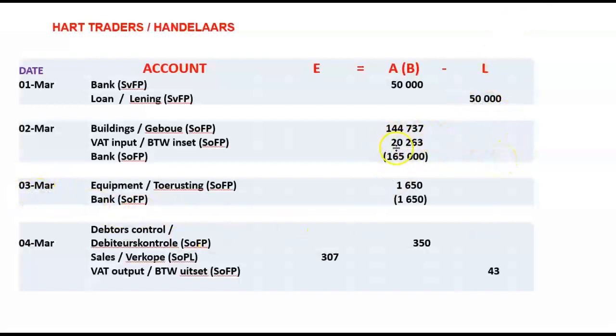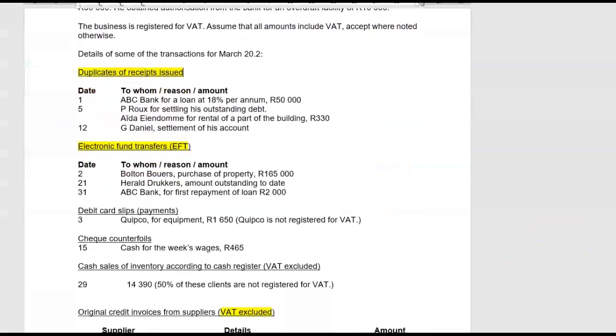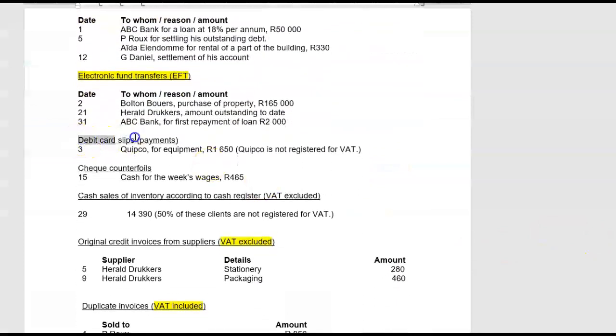So VAT input, asset, statement of financial position, 14% of 144,737, and then bank will be credited, also an asset that will decrease, therefore the brackets of a total of 165,000 Rand.